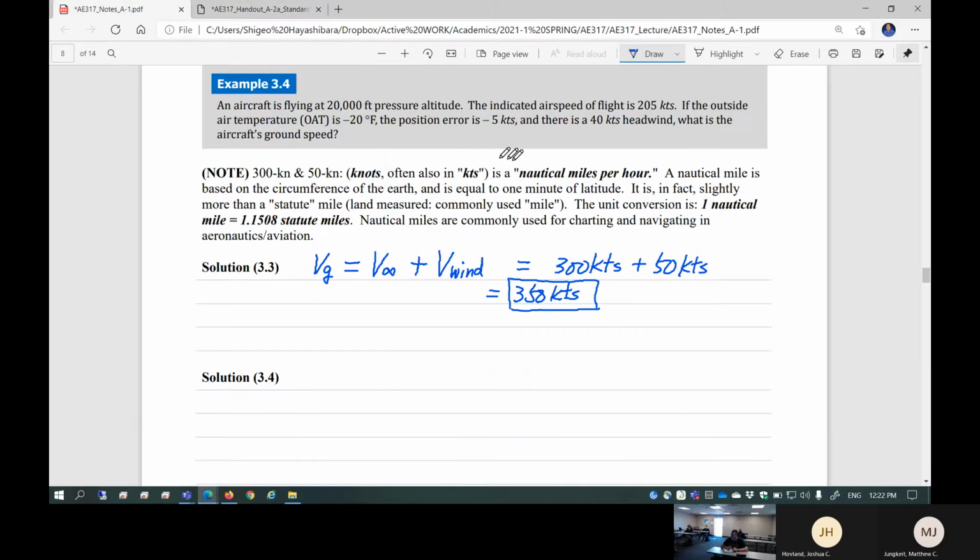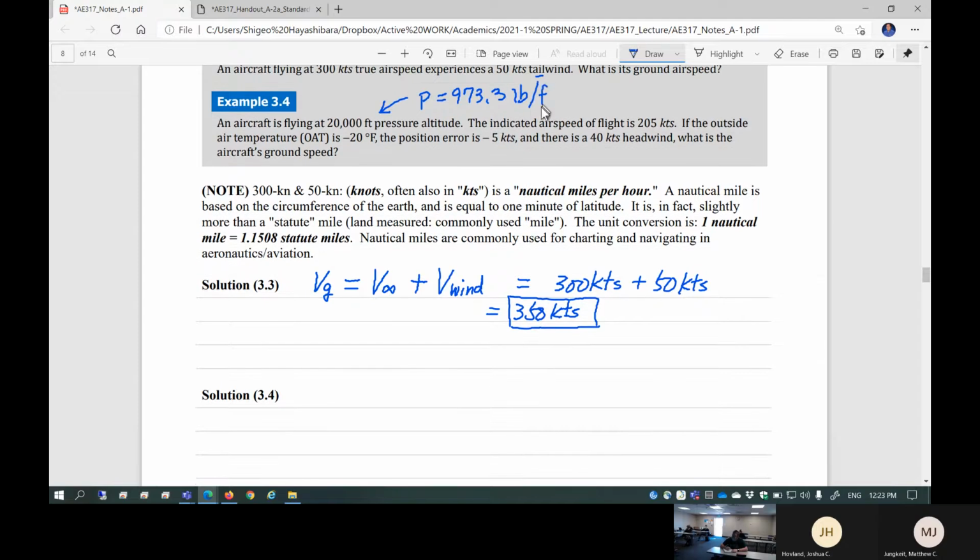So pressure altitude of 20,000 feet really means that you know the pressure. P is equal to 973.3 pounds per square foot.